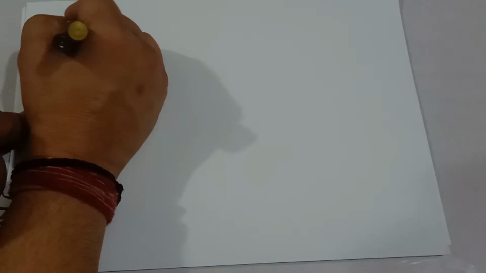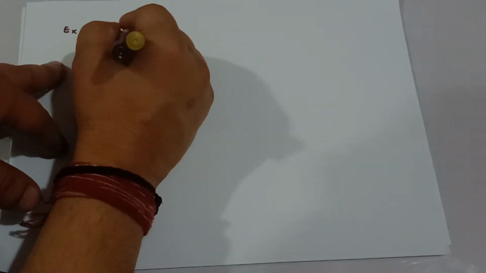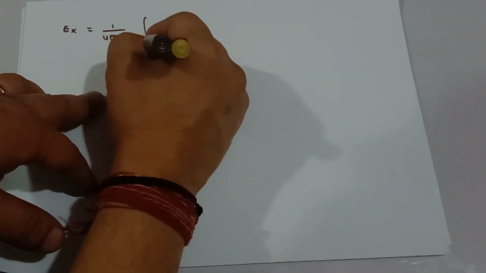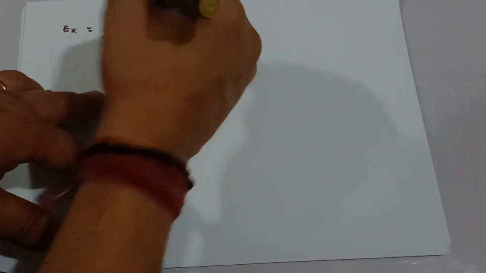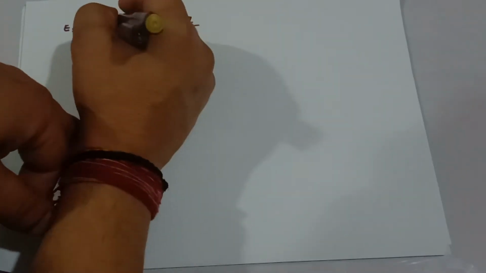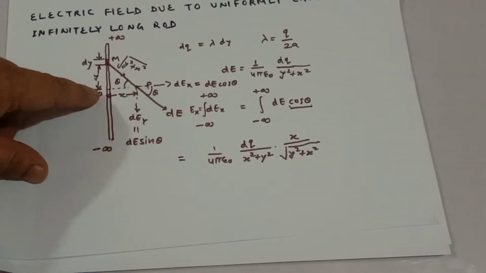Next you can calculate that the electric field along the x-axis, which is Ex, you can take 1 by 4 pi epsilon naught common, and then there is the limit from minus infinity to plus infinity, because the length of the rod is infinitely long, so that should be dq. Of course you can take x also common, because x is a constant, since the distance of this point P from the rod is always constant, which is x.